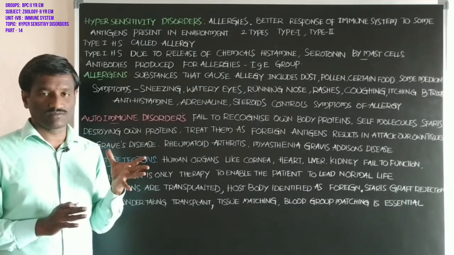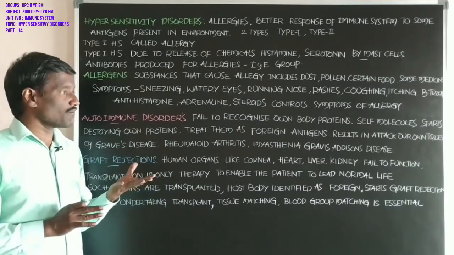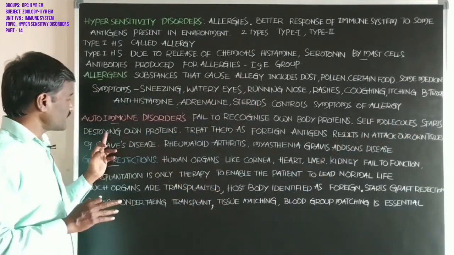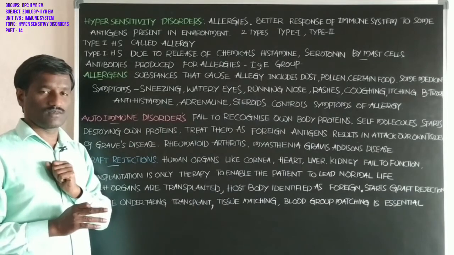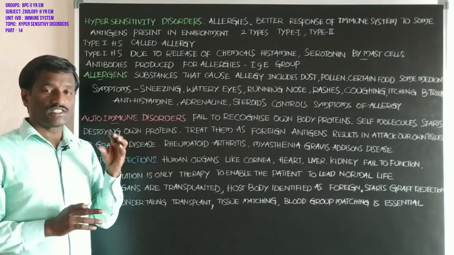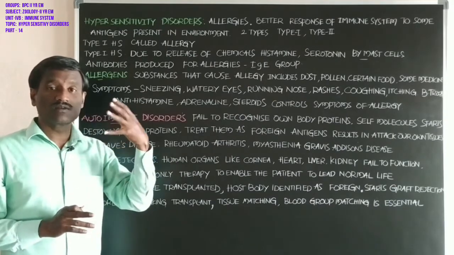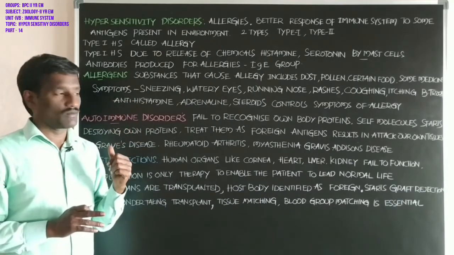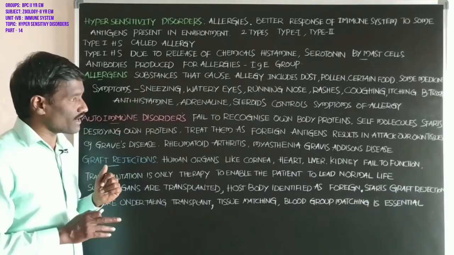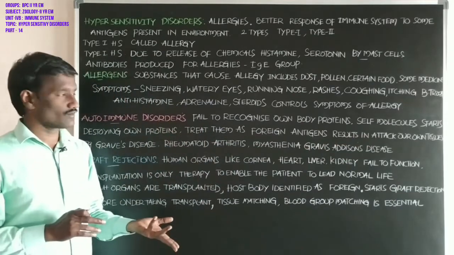Own molecules and cells are considered foreign substances, foreign antigens, by the immune system of the body, and it results in attacking our own tissues.